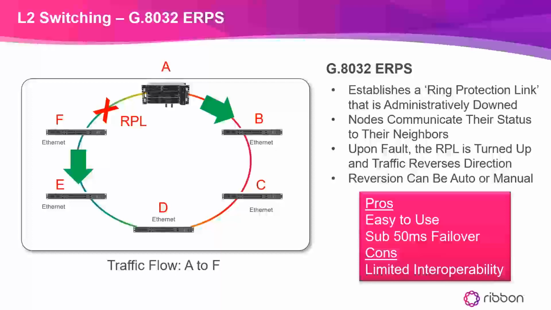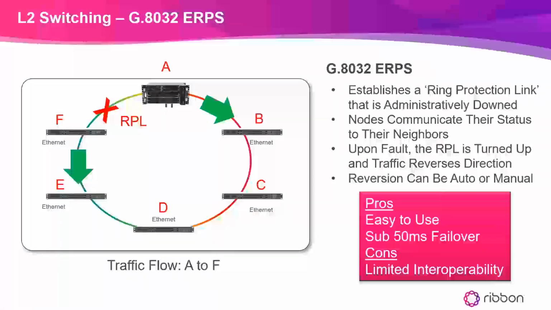However, to prevent ring issues, loops, and so forth with your traffic, that span between A and F is placed administratively down. So that effectively turns this into a linear network that goes A, B, C, D, E, and F. And then traffic from F to A goes F, E, D, C, B, A.